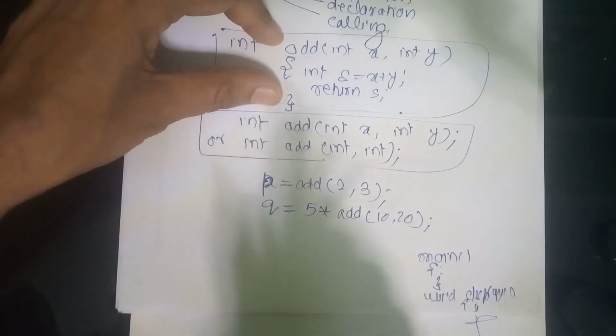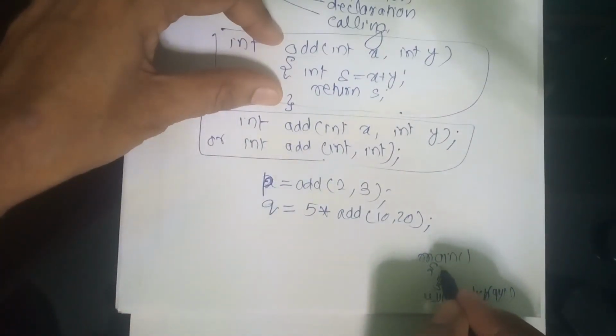A function can be declared at two places, either locally or globally.